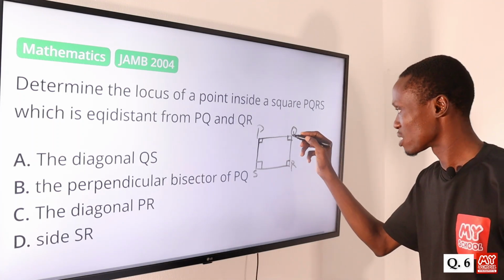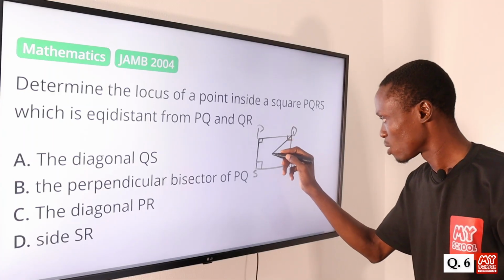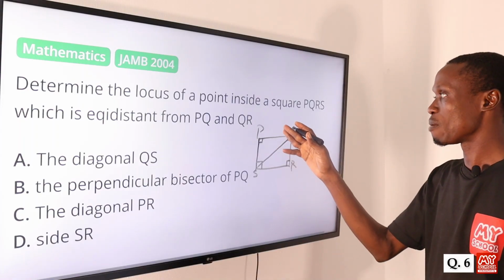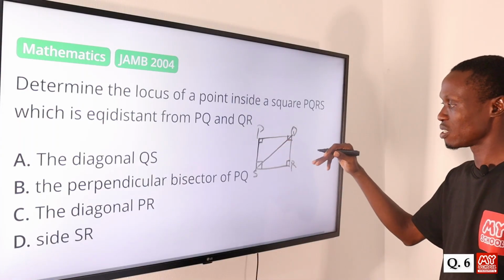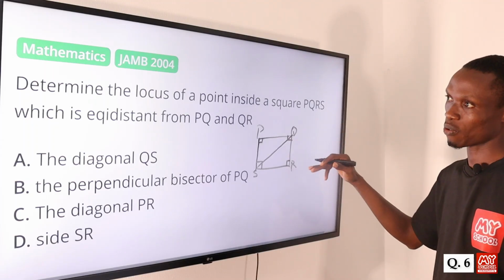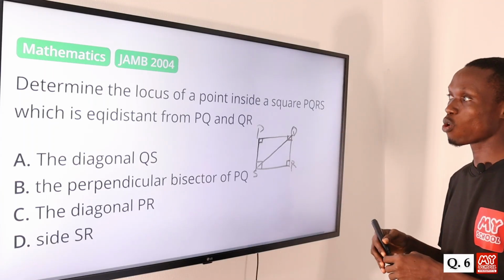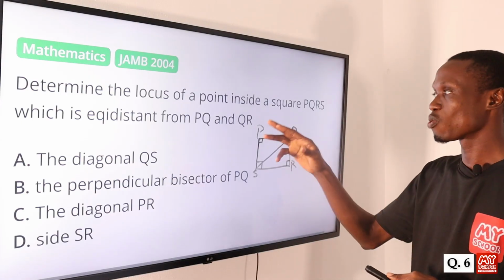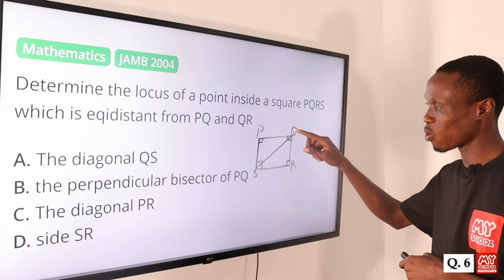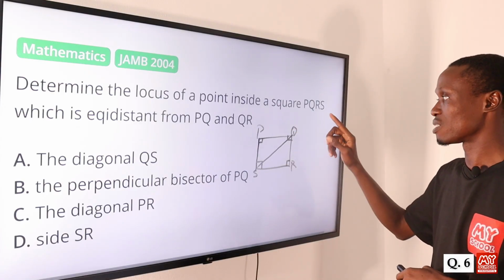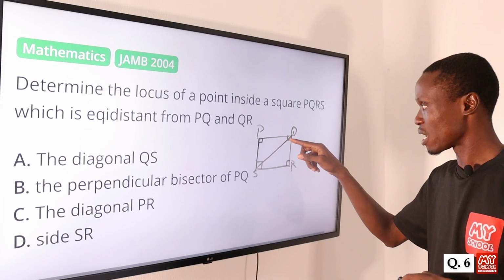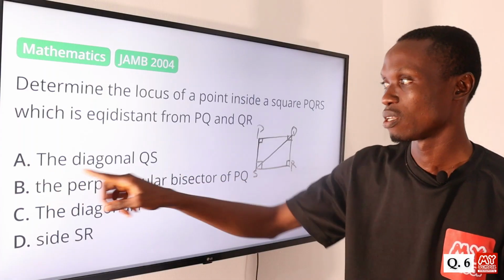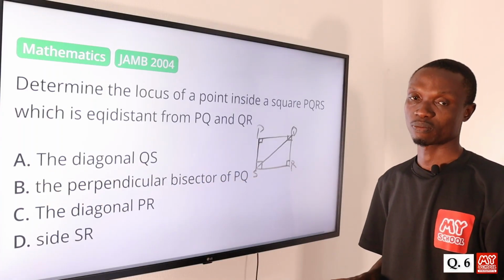So if we decide to share this line into two equal halves, you discover that this line will be 45 degrees to line PQ and also 45 degrees to line QR, which means that the locus of a point inside the square PQRS, which is equidistant from PQ and QR, is actually the diagonal QS. Now remember that the diagonal simply shares the angle inside the square into two equal halves. So that makes option A the correct answer to this question.